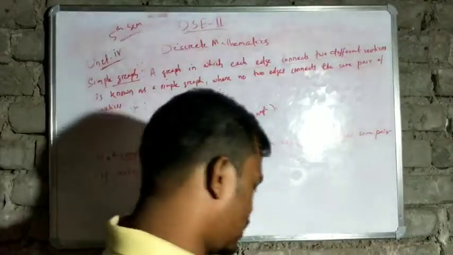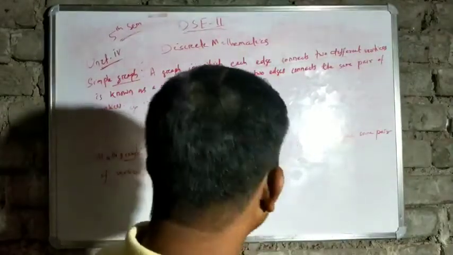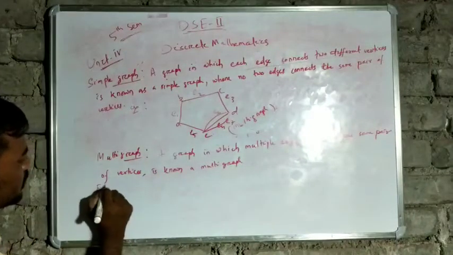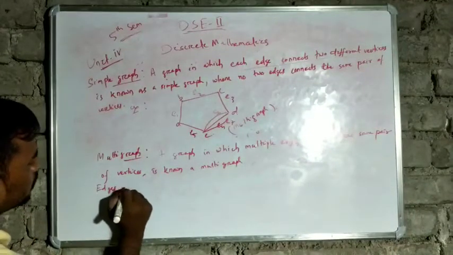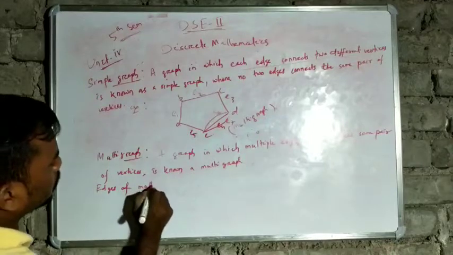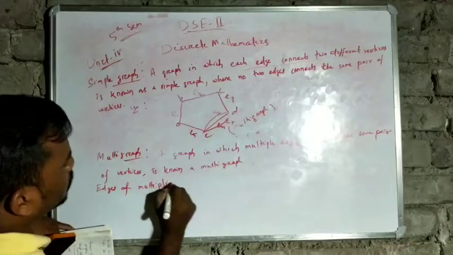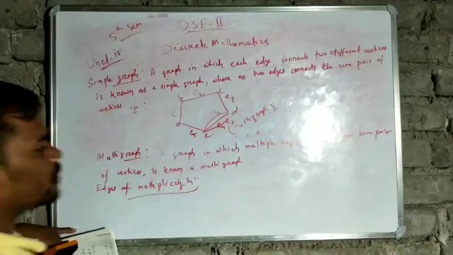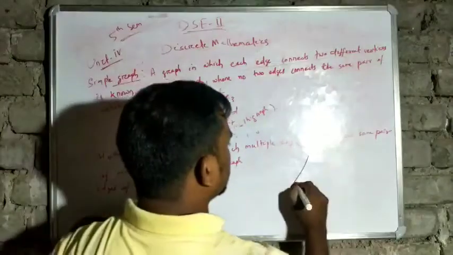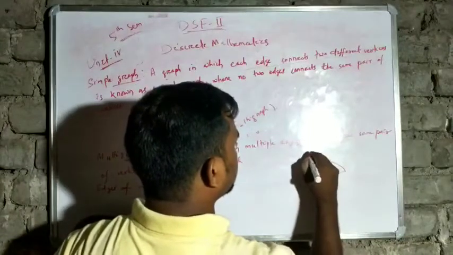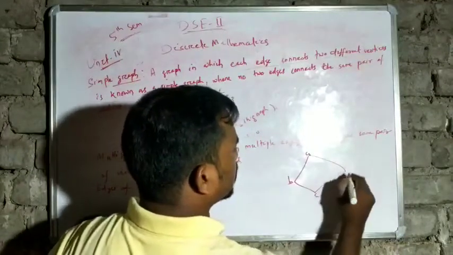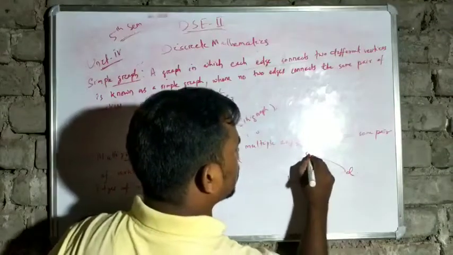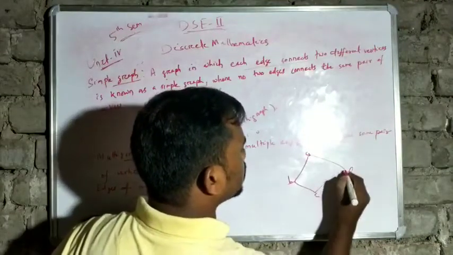edges of multiplicity m. So what do we mean by edges of multiplicity m? Suppose this is a graph, and these are the vertices a, b, c, d.